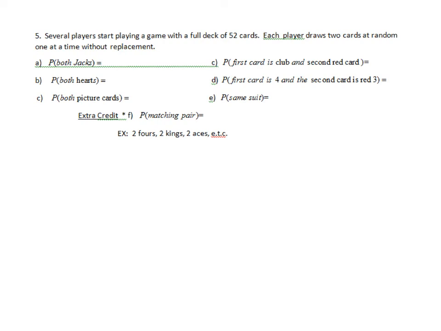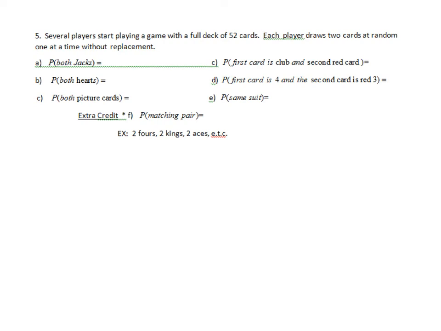So, let's take a look at the questions. The probability that both cards are jacks, the probability that both cards are hearts, the probability that both cards are picture cards, the probability that the first card is a club and the second is a red card, the probability that the first card is a 4 and the second card is a 3, and the probability that they have the same suit.